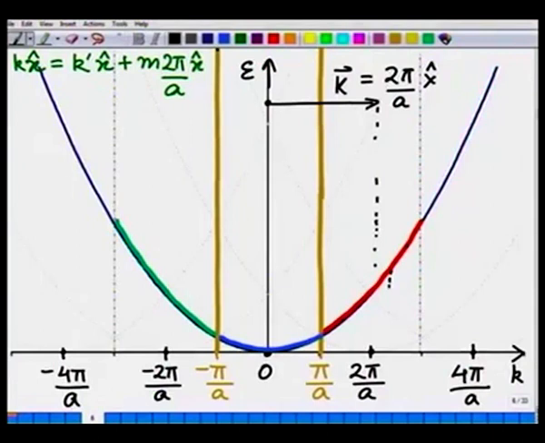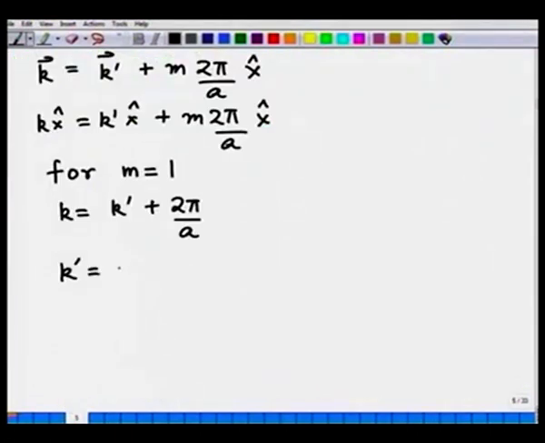If this is the value of k, right here, then what is the value of k prime? If this is the value of k, I can substitute that value of k in there and calculate k prime as k minus 2 pi by a.